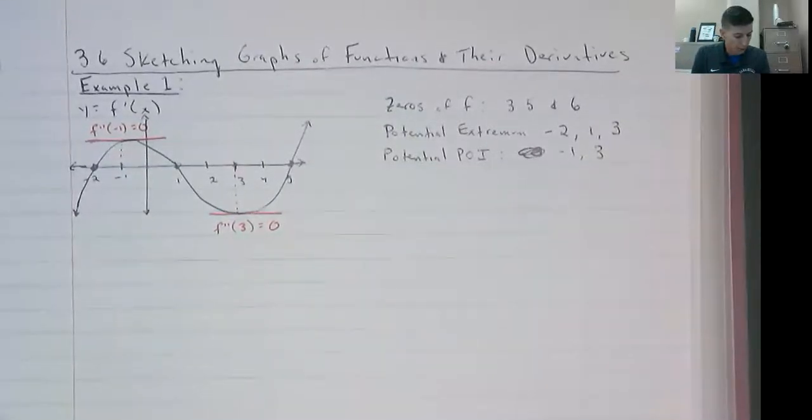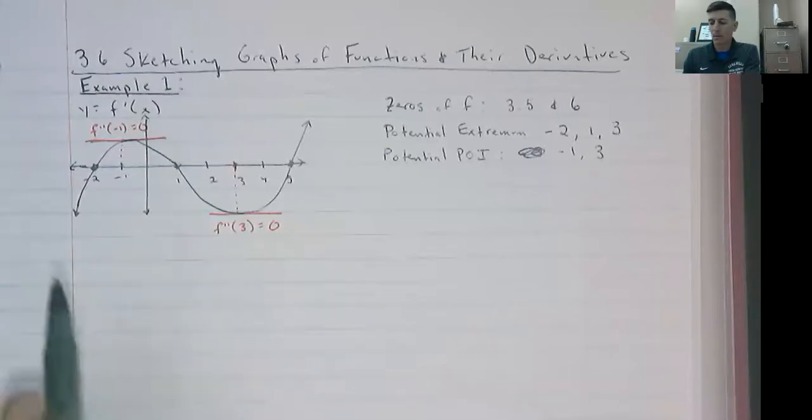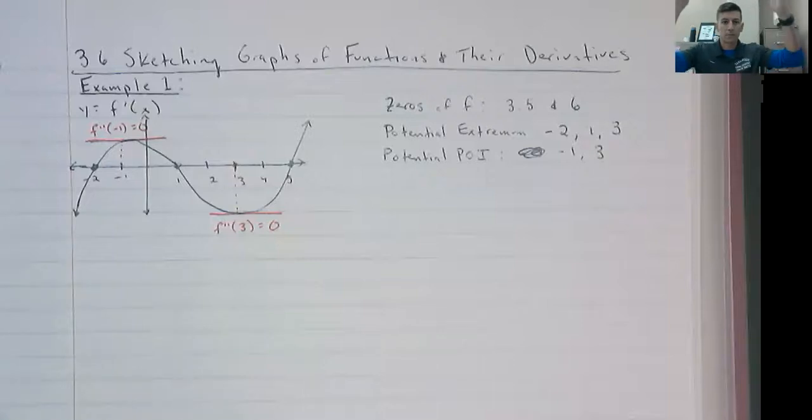So what we're going to do is build a table. In the book, they do this vertically. I'm going to do it horizontally and maybe encourage you to do the same, because to me, laying it out horizontally makes it visually easier to see what is happening with this graph as you move left to right on the x-axis.